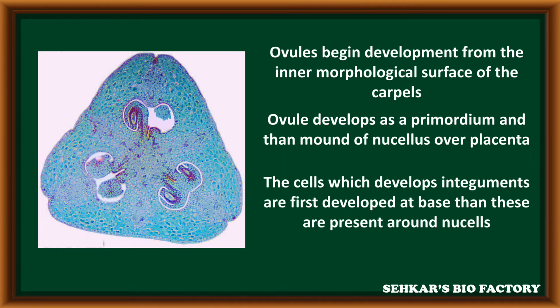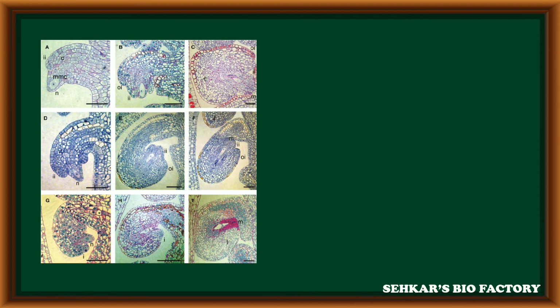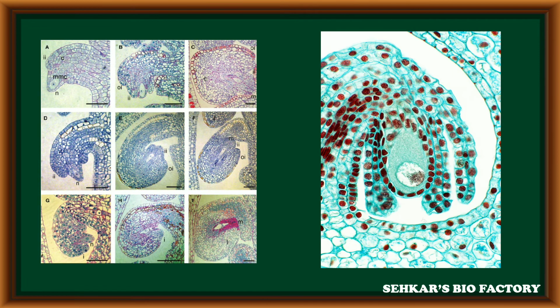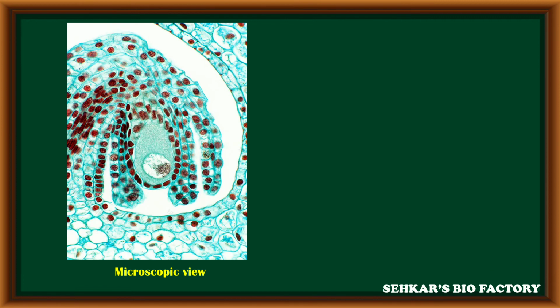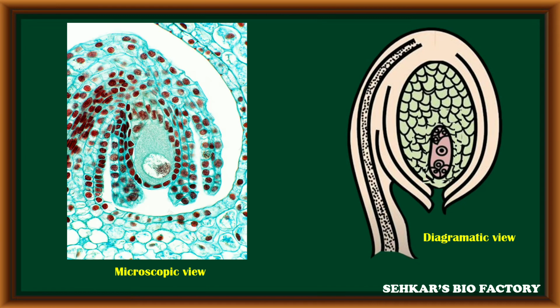Some cells which produce integuments are first developed at the base of this primordium, then they migrate around the nucellus tissue, and then it becomes an ovule. In this way, the ovule development takes place in various stages. This is the microscopic view of an ovule, and this is the diagrammatic view of an ovule.